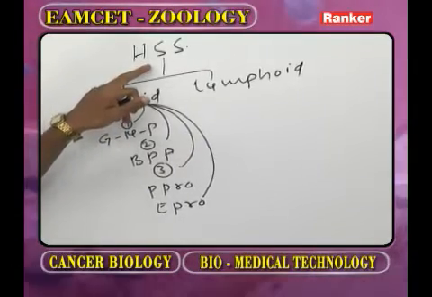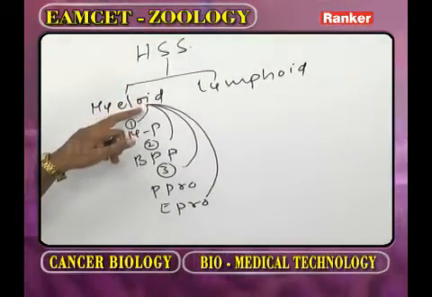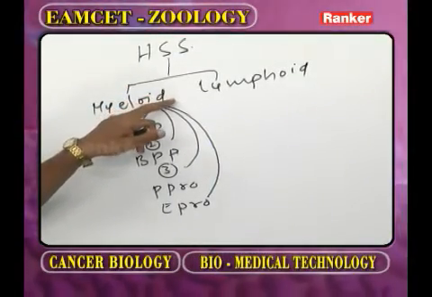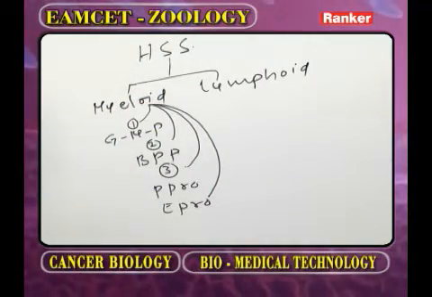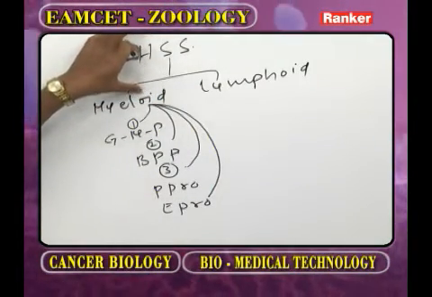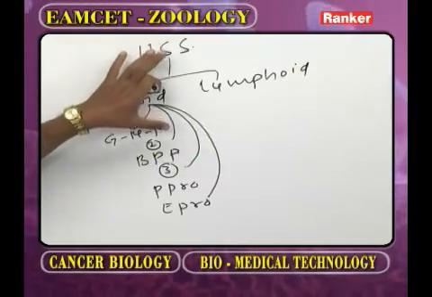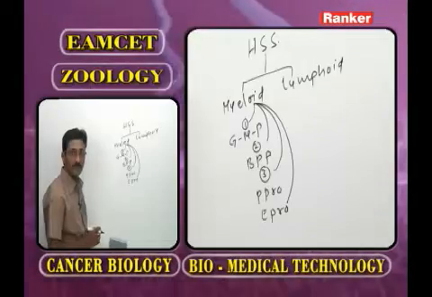The hemopoietic stem cell gives rise to myeloid progenitor and lymphoid progenitor. This myeloid progenitor gives rise to committed progenitors.